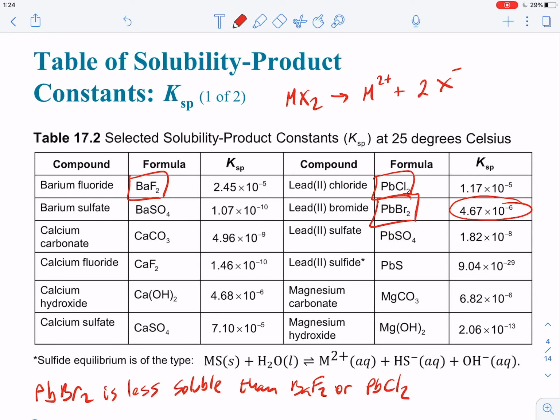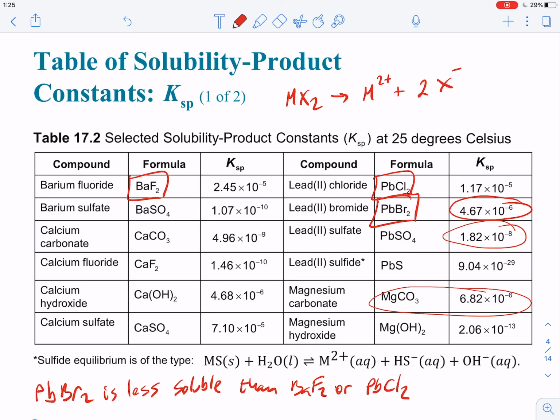However, when you try to compare that to PbSO4, for example, or when you want to compare that to MgCO3, then you are losing that power of comparison. Because the stoichiometry is not the same, you can no longer say that a larger value of the solubility product means that it is more soluble.